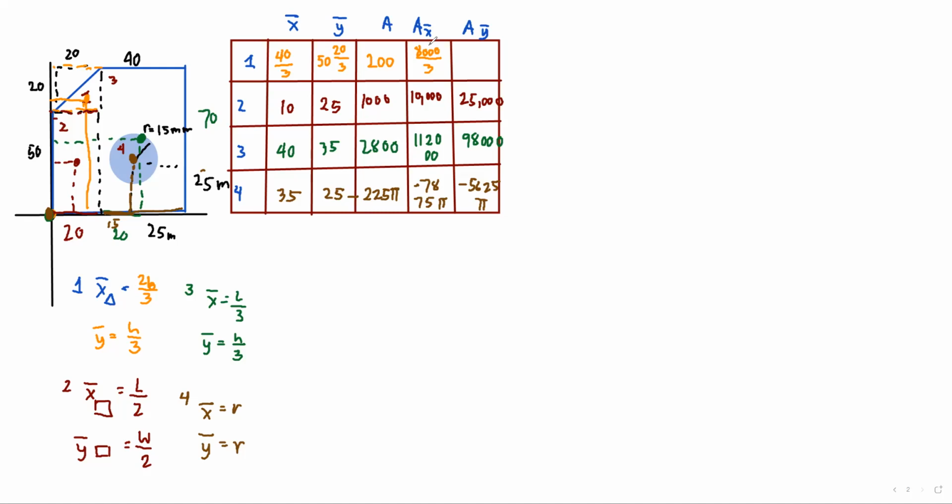Ay, 3 times 50 plus 20 times 200 over 3. Ito, 34,000 over 3. So, meron na tayo ngayon mga AX and AY.